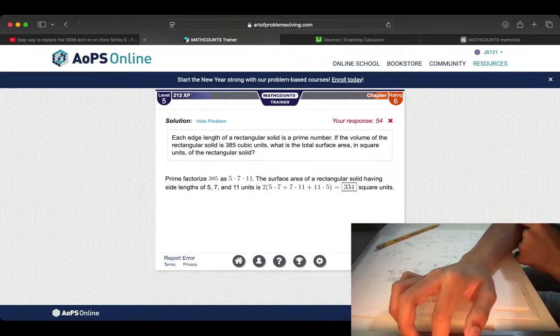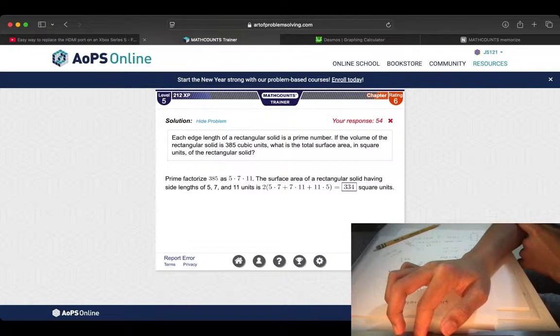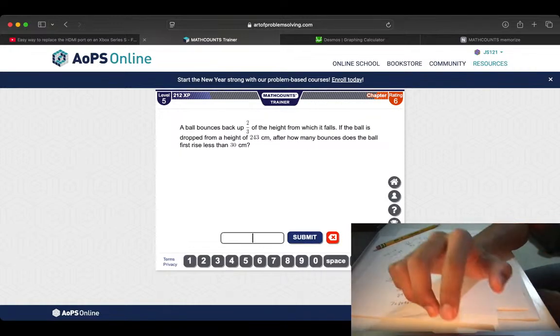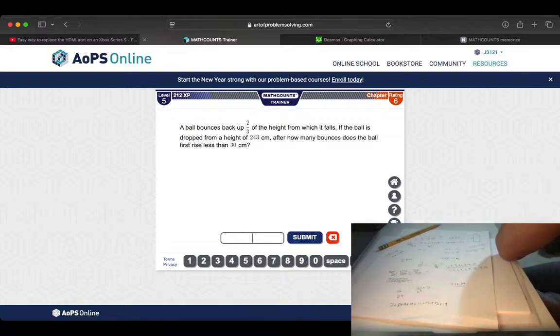That means it's a 3-dimensional object. It doesn't matter. A ball bounces up 2/3 of the height from which it falls. If the ball is dropped from a height of 243 centimeters.